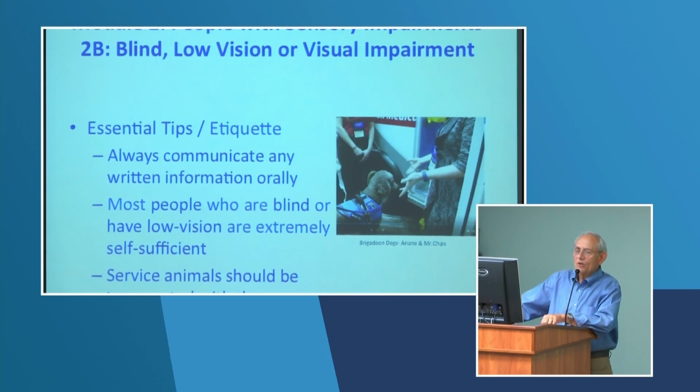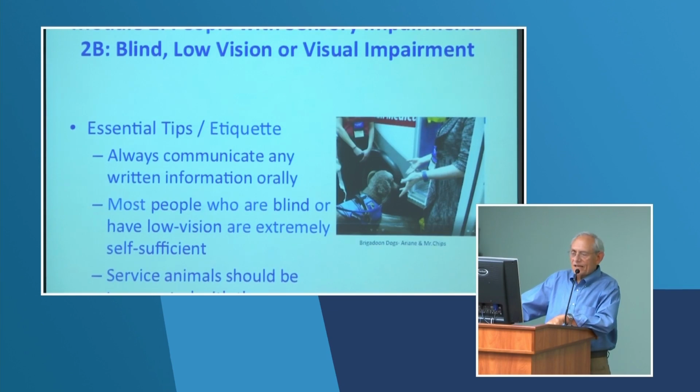Most people who are blind or have low vision are usually extremely self-sufficient, especially people who have been blind for a long time. If you're blind from birth, you're probably a Braille reader because you get taught that. People who become blind at a later time don't usually learn Braille.